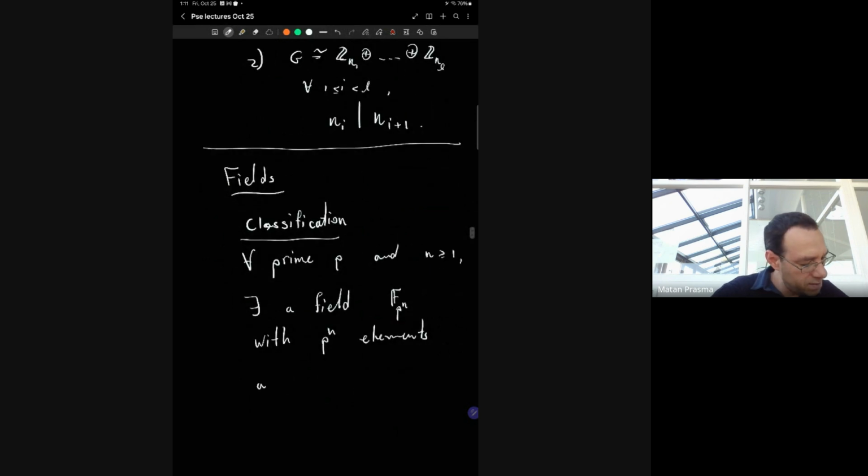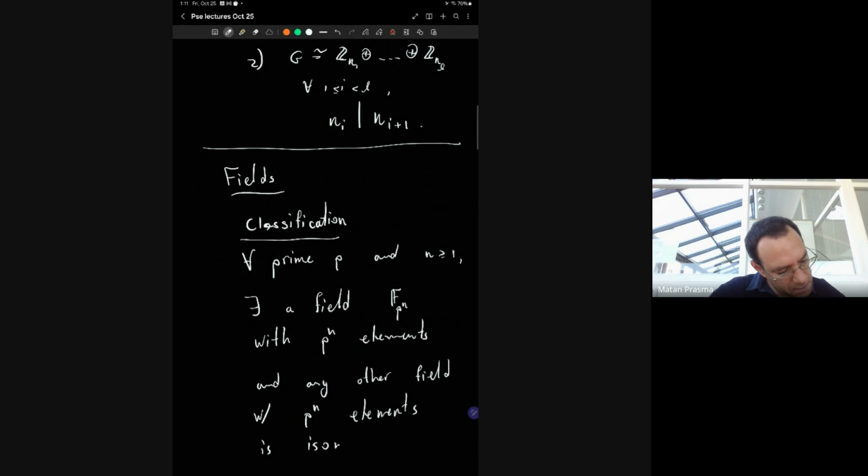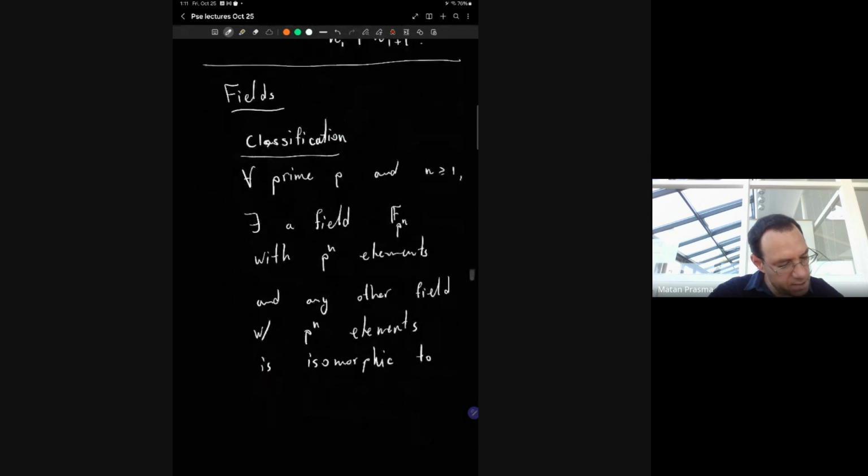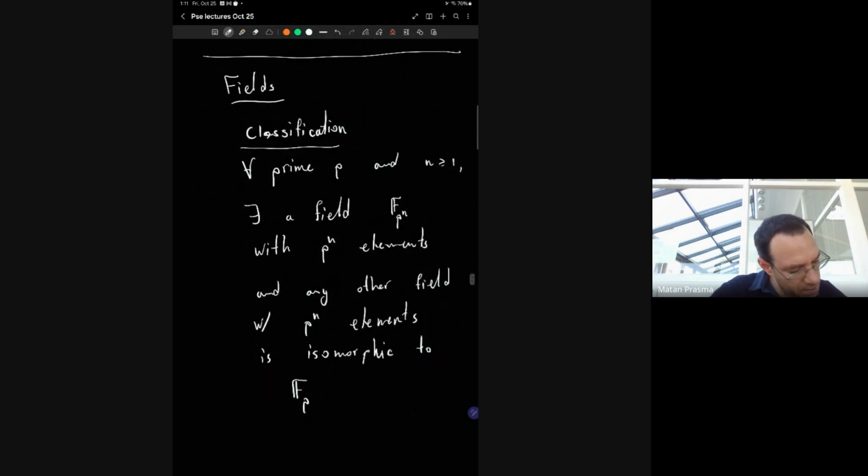And any other field with p to the n elements is isomorphic to this field, F p to the n. So this is a very strong uniqueness property.